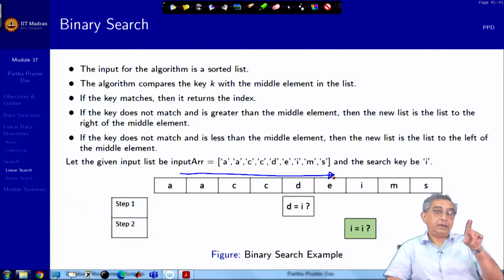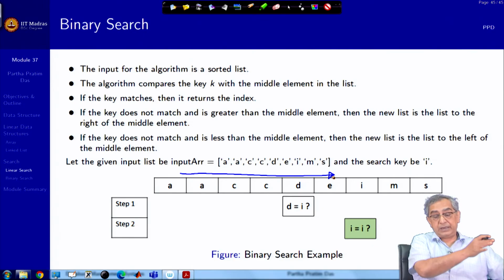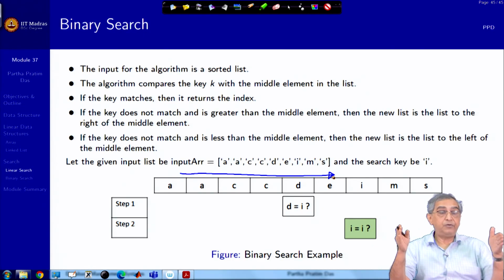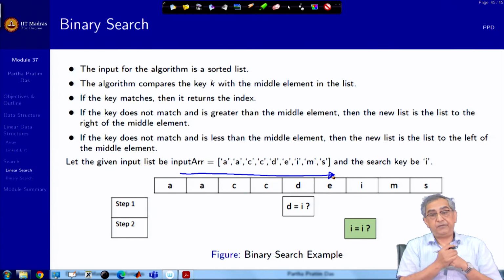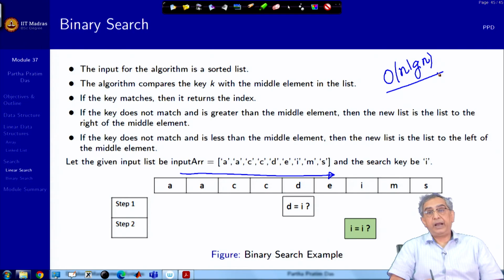There is a setup time required for this. Creating this is going to take more time than just an array, because you are not just storing the elements, you also have to sort them so that you can do this kind of search. That setup is going to take order n log n time.